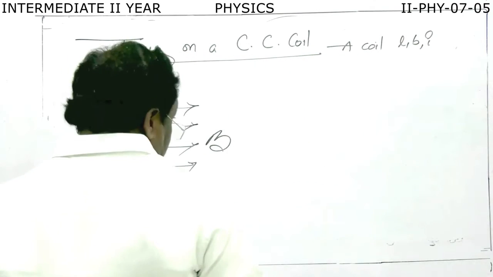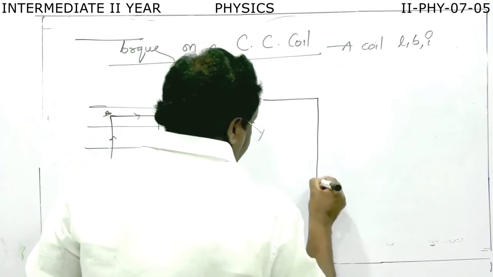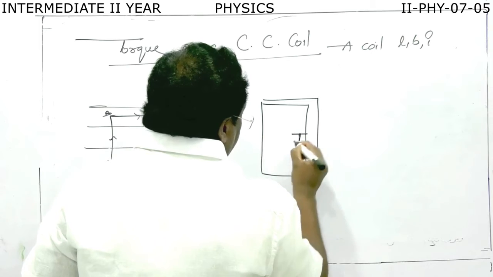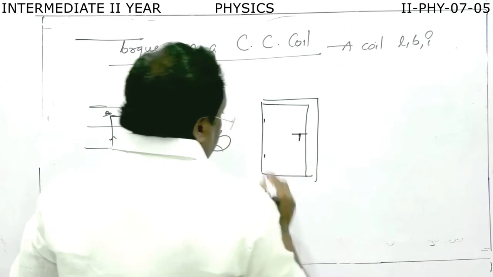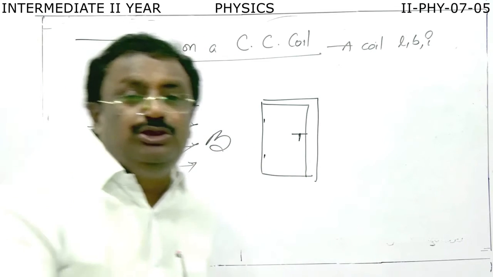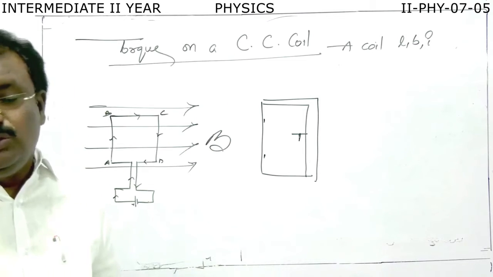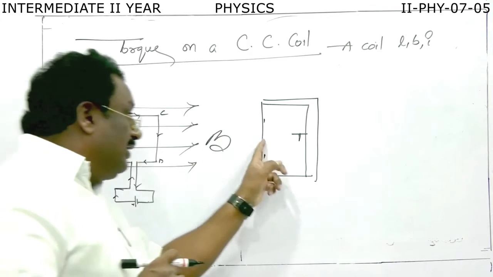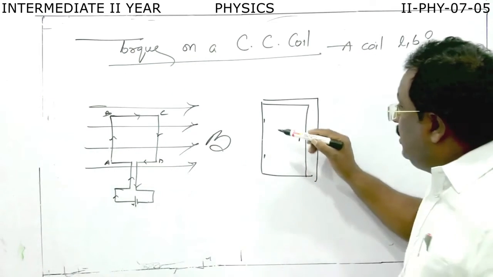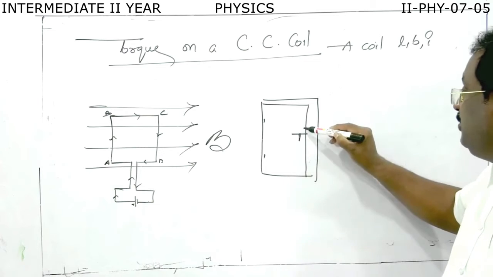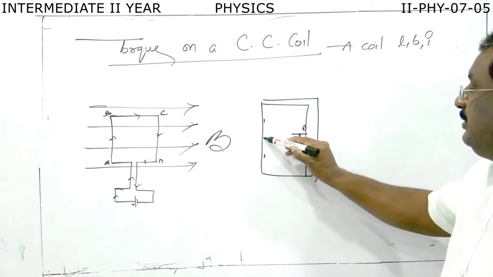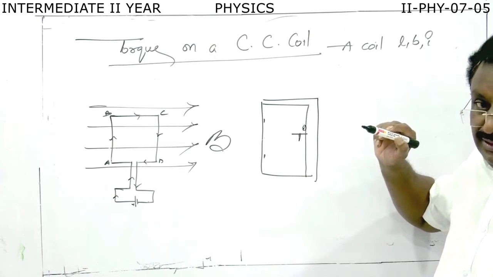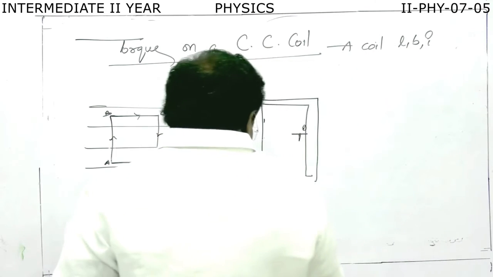For example, if you take a door and want to push or pull it, we must apply the force on the other side of the fixed point. Here are the hinges, but we must apply the force here, not here. By applying force at the hinge, we can't push or pull it. Here the turning effect takes place.